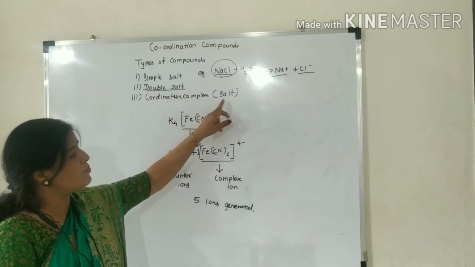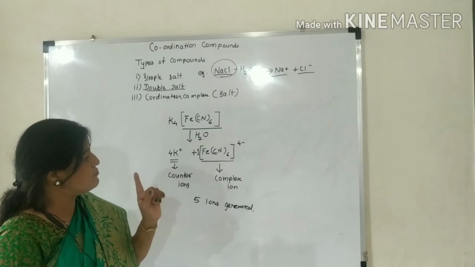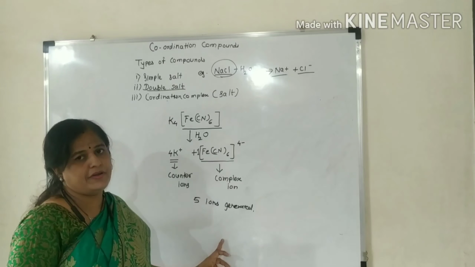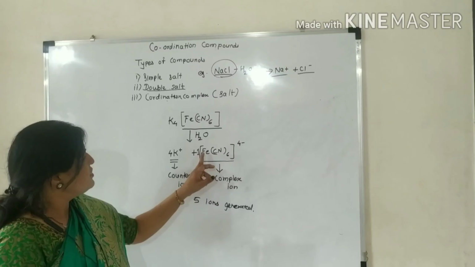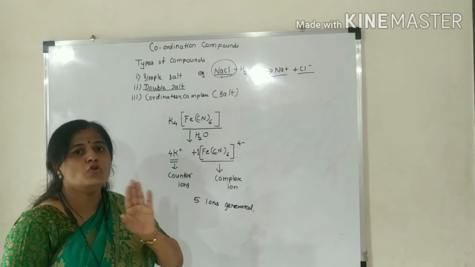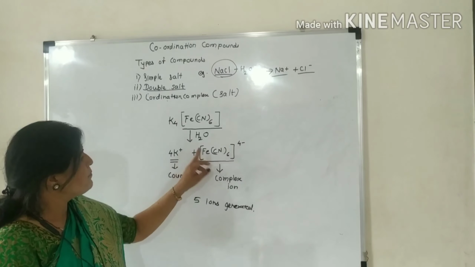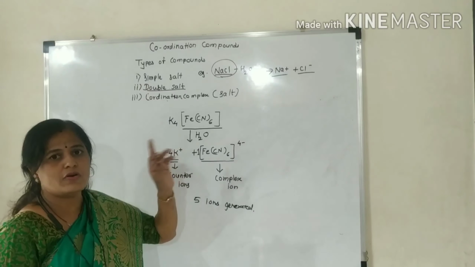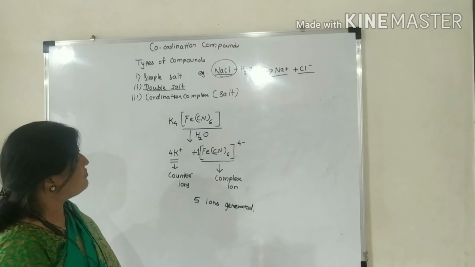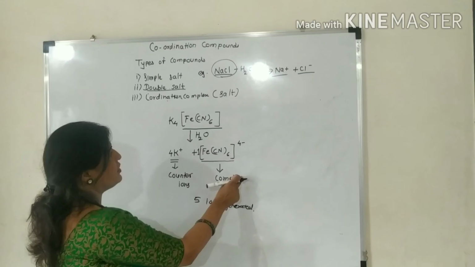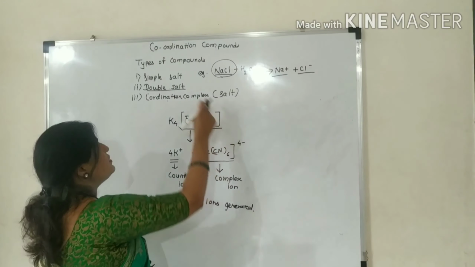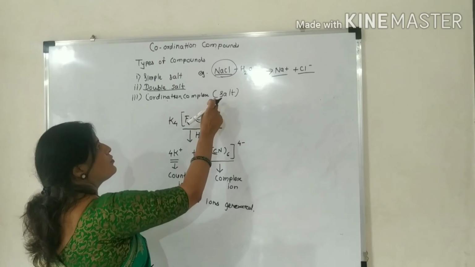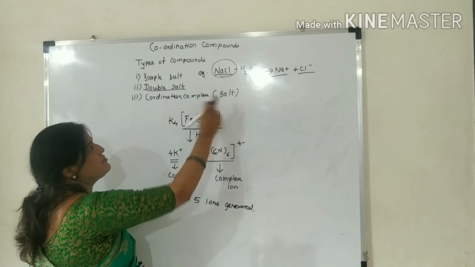In a coordination complex, at least one complex ion is generated here. The Fe and cyanide do not get separated. Therefore, this is called a complex ion. This is the difference between a double salt and a complex or coordination salt.